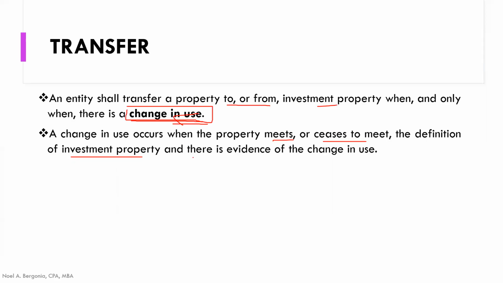And there should be evidence for such change of use, such as a contract of lease, or when the operating lease agreement has ceased or ended, then maybe it is now used in the office. Okay, so those things we will mention later.